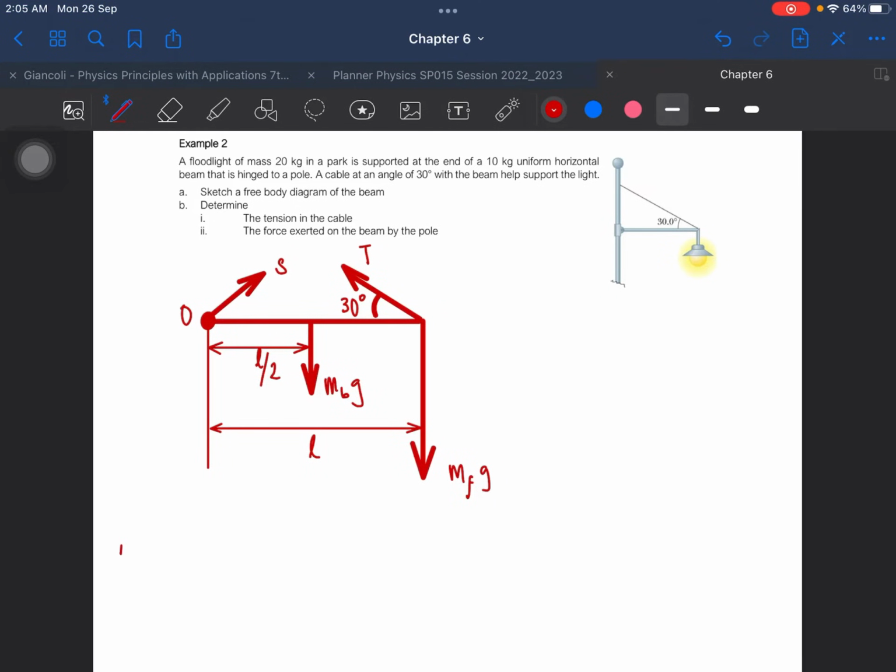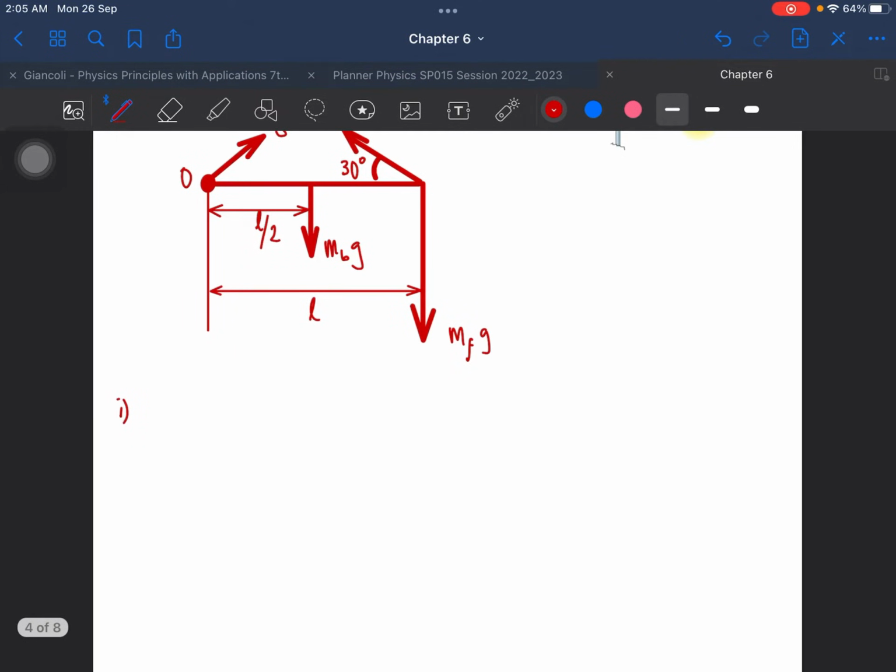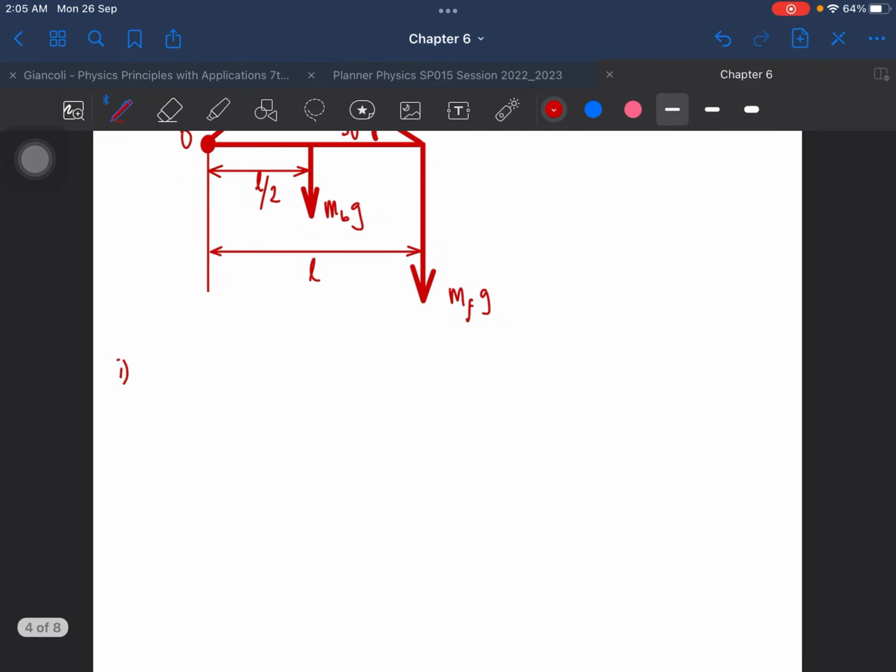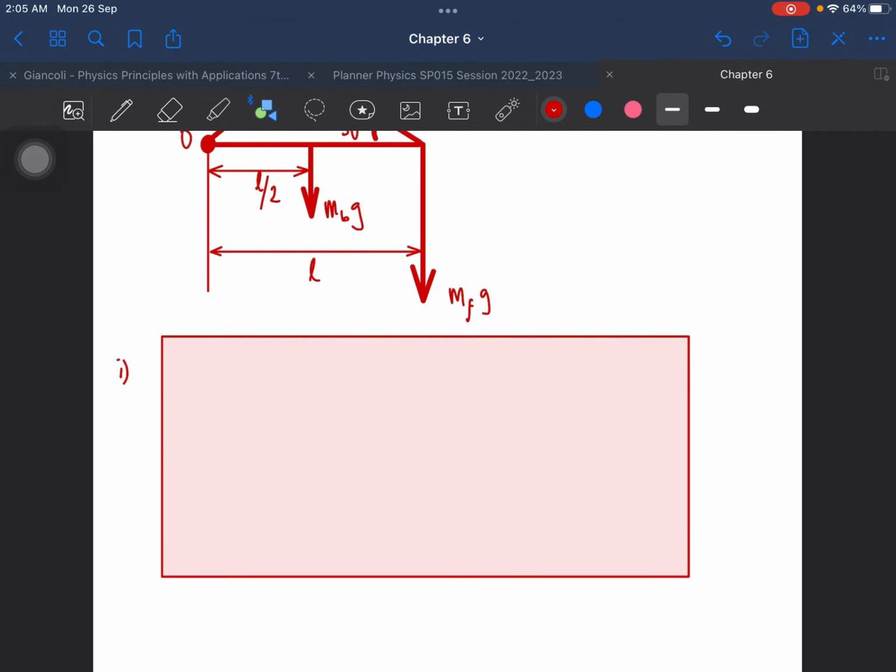Next, let's solve for the tension in the cable. So for this, we are going to be applying both the X and Y components as well as the torque. I would suggest starting by drawing a table, but if you don't want to draw a table, it's up to you. Just don't make any careless mistakes.